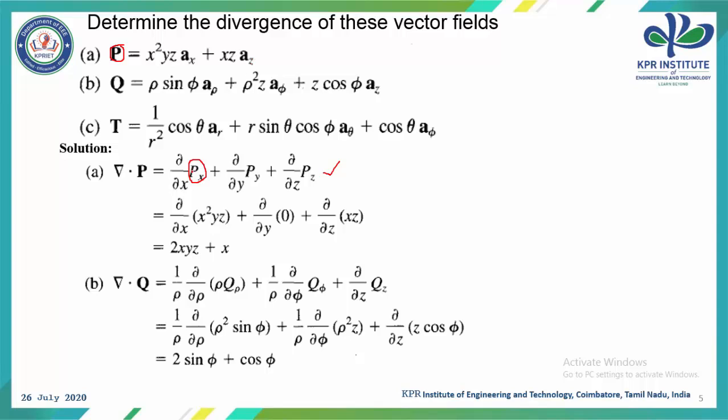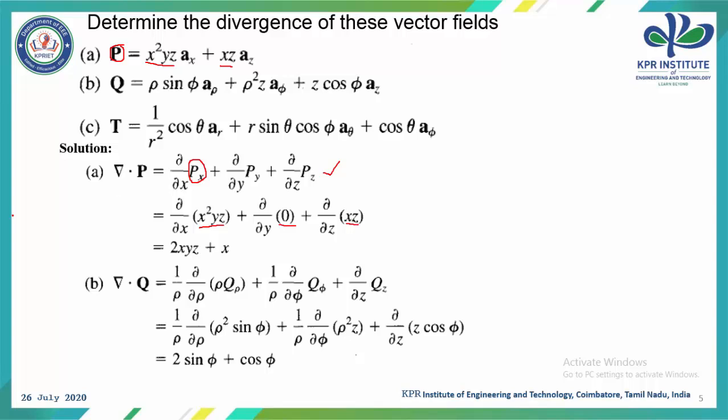Here the Px value is given here, that is x squared yz. There is no y term, therefore Py equal to 0. What is Pz? Pz is xz. Just substitute this value xz.